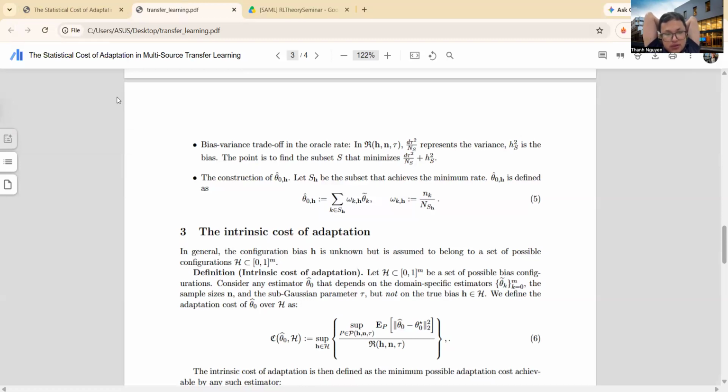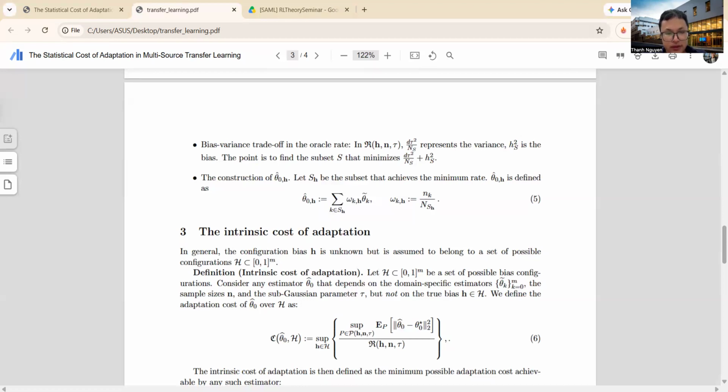If you know the bias between two environments, then probably you can achieve the minimax rate, but then you need some algorithm to adapt to the unknown bias. That's what we want in the project, but we are working on a slightly simpler setting as a starting point.